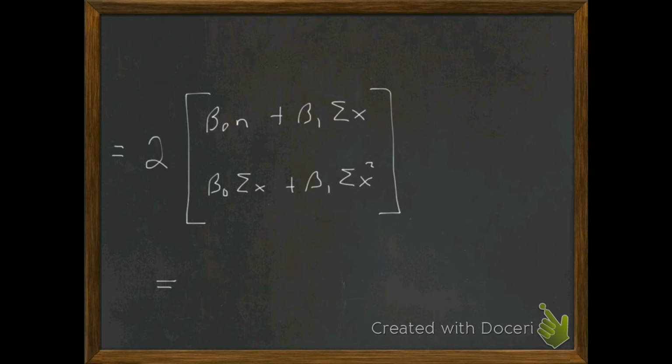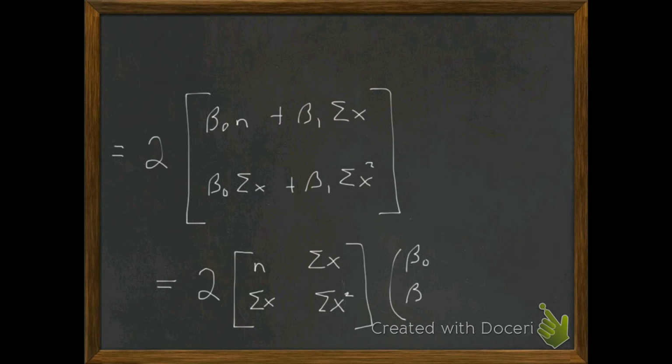Now we know that we can rewrite this as the matrix [n, sum x; sum x, sum x squared] times [beta 0; beta 1]. If you don't believe me, check it out. N times beta 0 plus sum x beta 1 gives me this, and sum x times beta 0 plus sum x squared beta 1 gives me this.